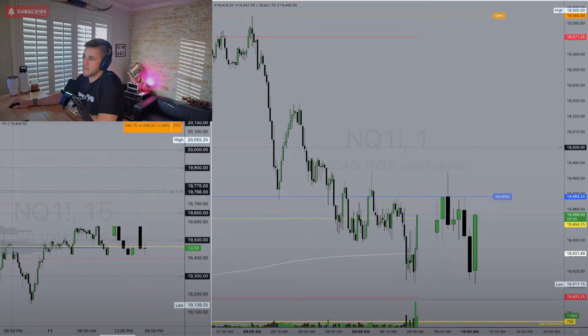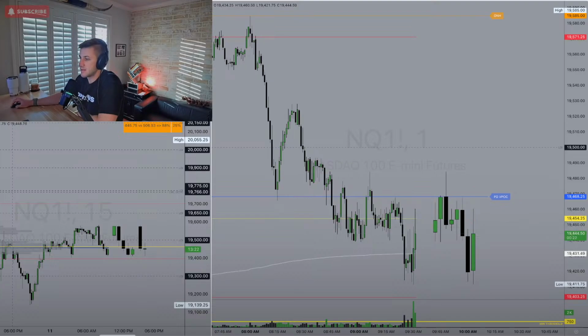All right, let's see how this 454 is going to be treated, the prior day volume point of control area, and then up into 19,500.